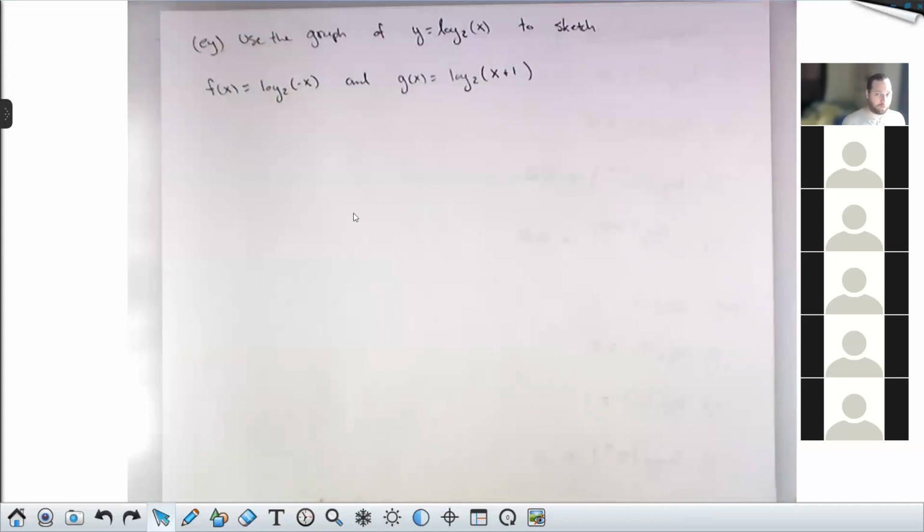So first I'll give you the graph of the base 2 log. We had it the other day, but I'll go ahead and remind you what that looks like.